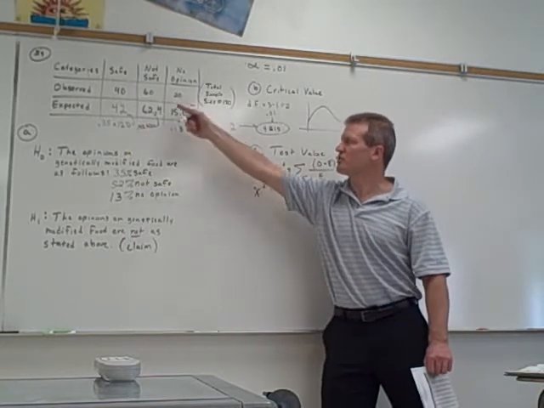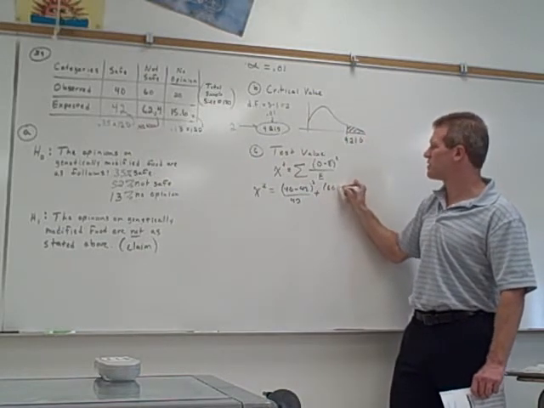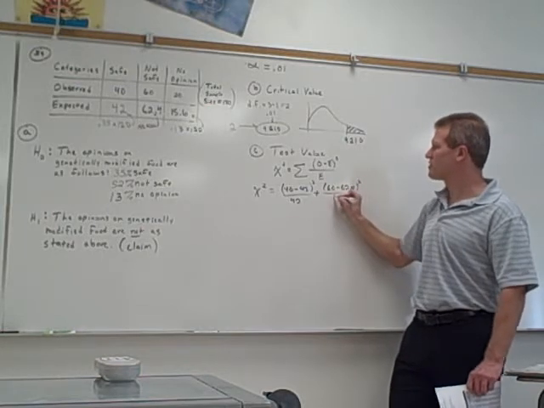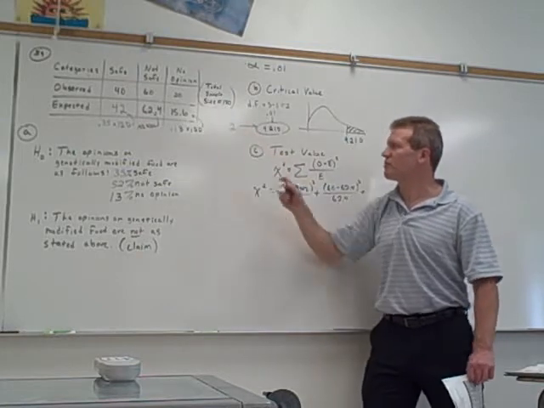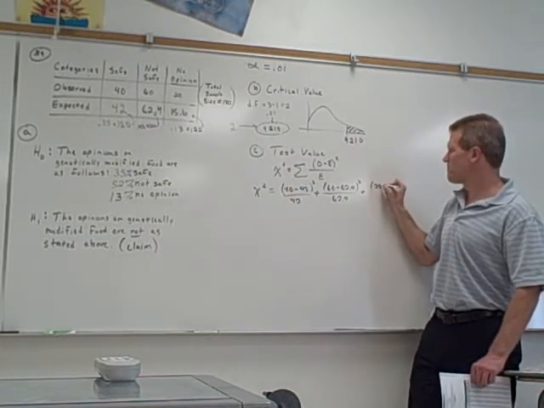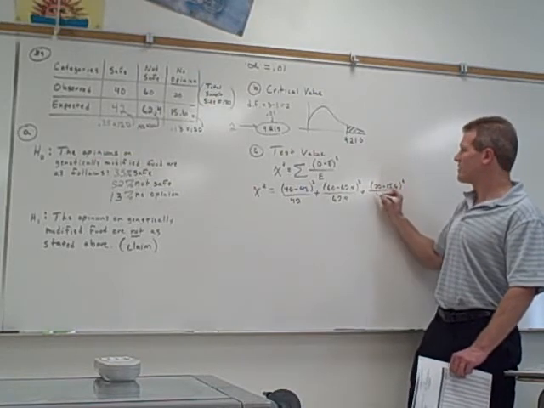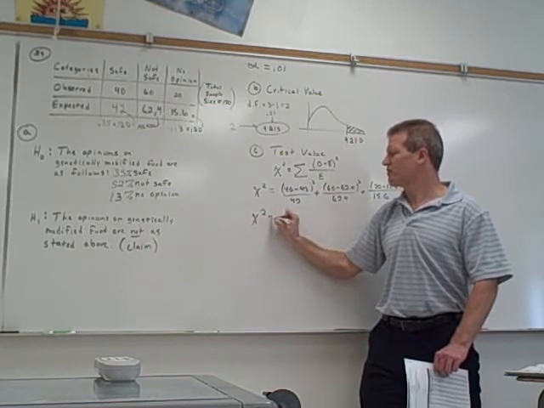Plus, then we're going to do 60 minus 62.4. So someone can do this on your calculator as we go here. Squared divided by 62.4. Then we can do 20 minus 15.6 squared divided by 15.6. That's going to give us our test value.